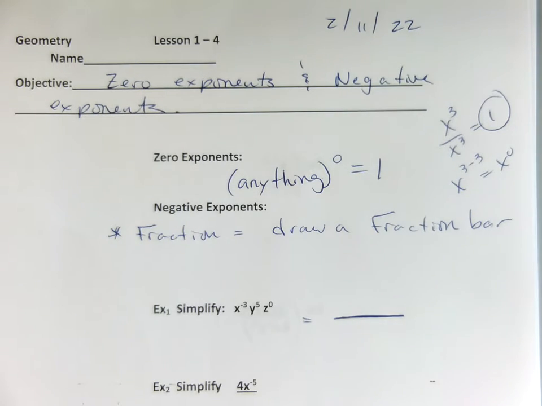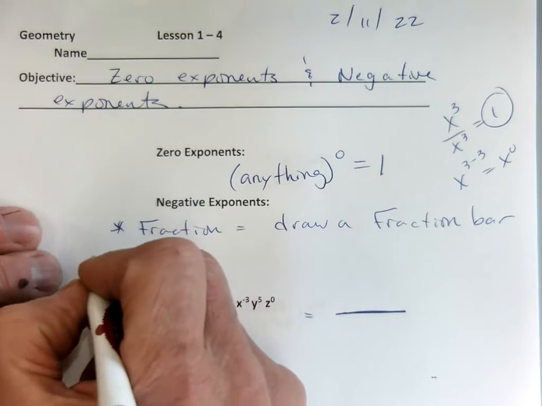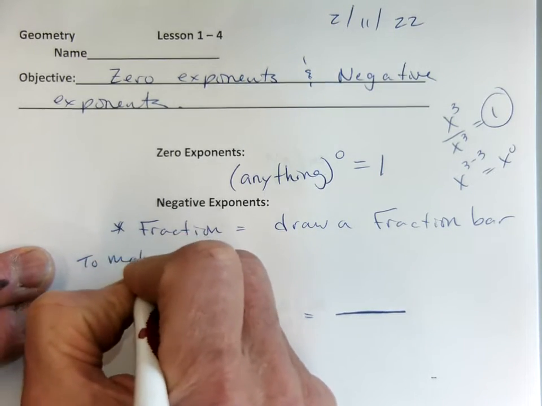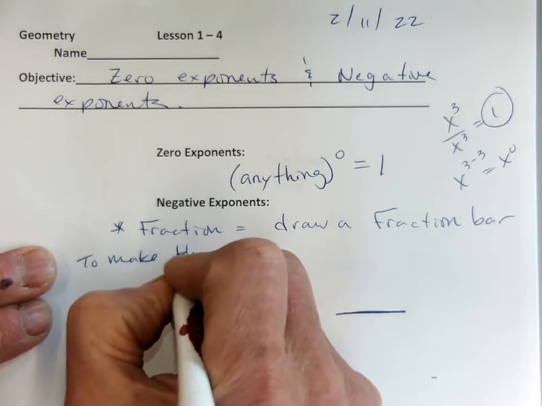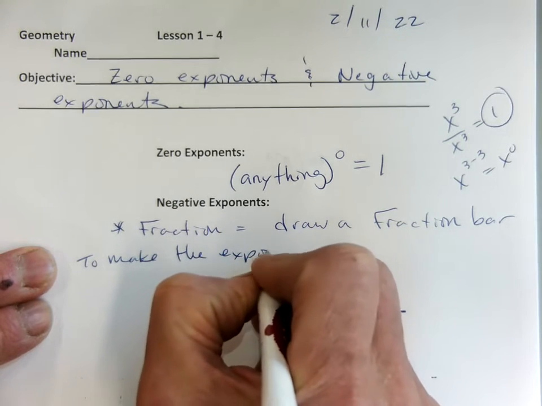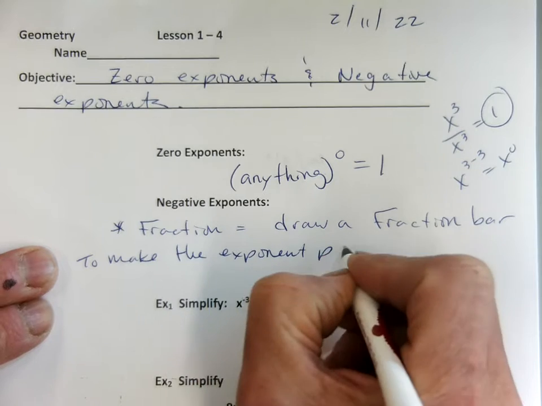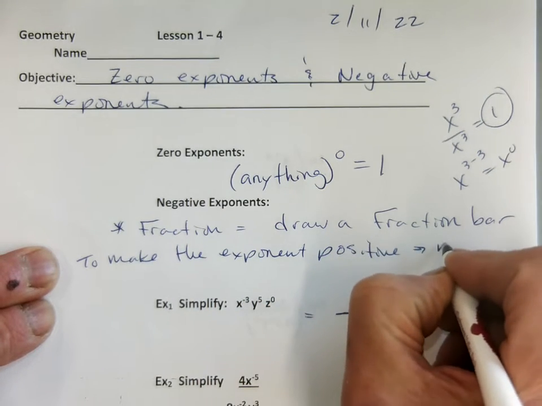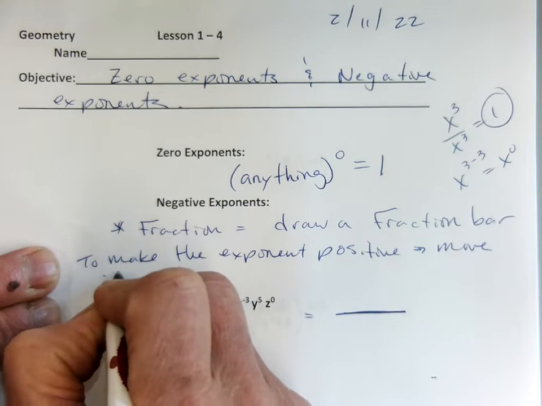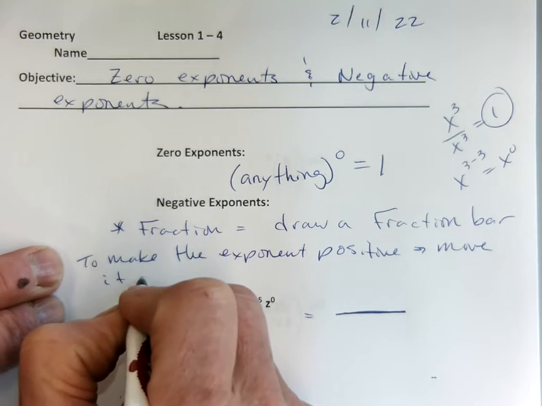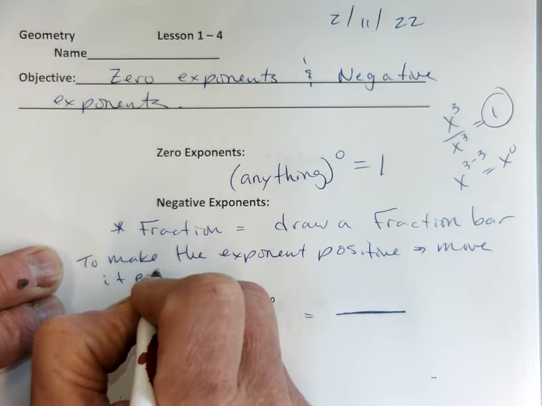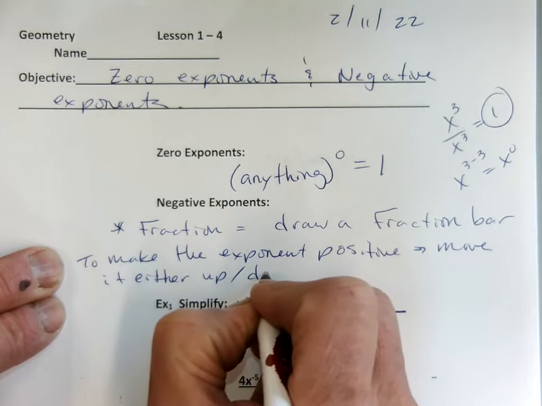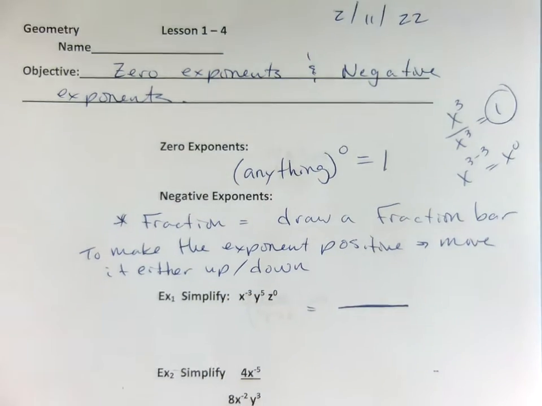And then to make the exponent positive, move it either up or down. Okay, and I'll let you catch up.